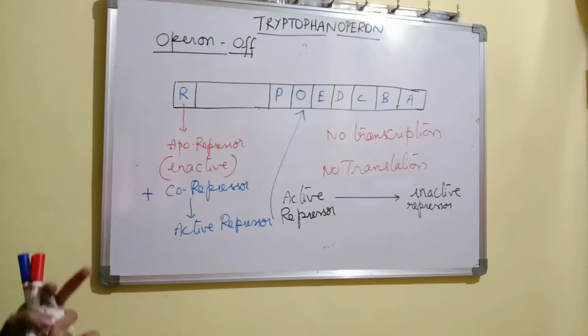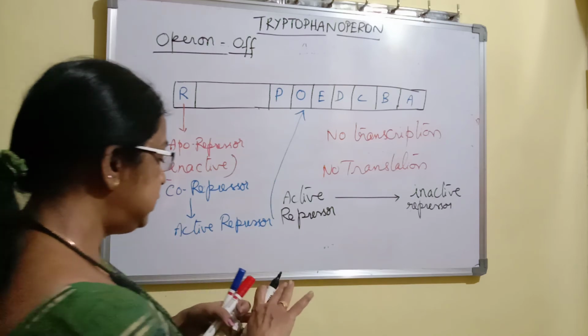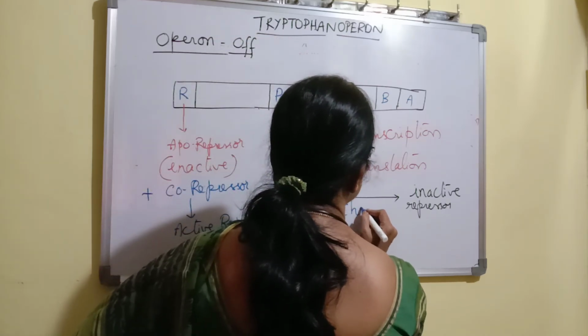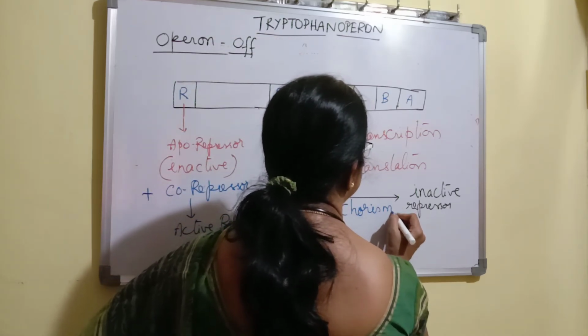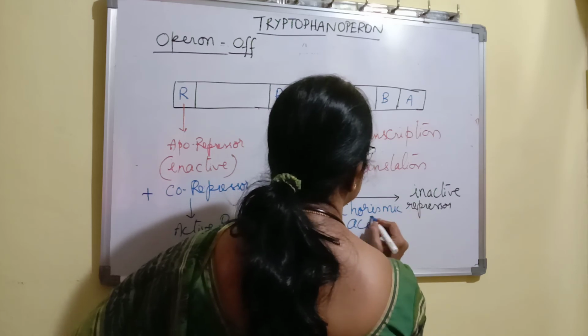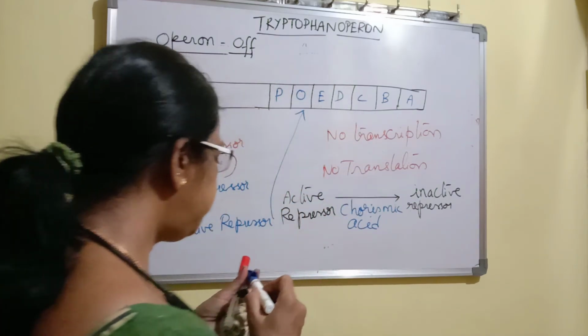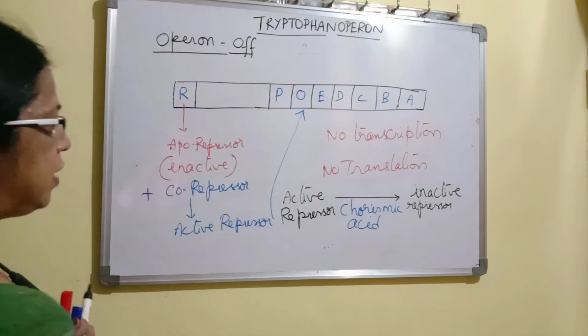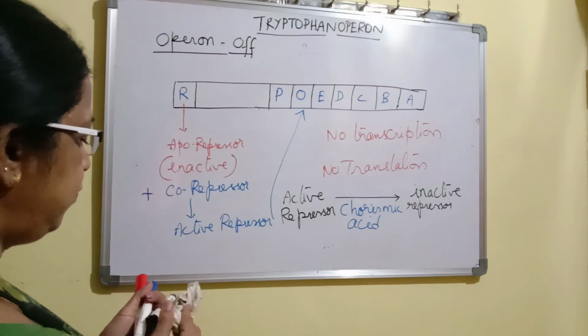That means when there is inducer present. What is the inducer here? The inducer is the substrate, chorismic acid. So if the substrate is present in large amount, then the active repressor is converted into inactive repressor.